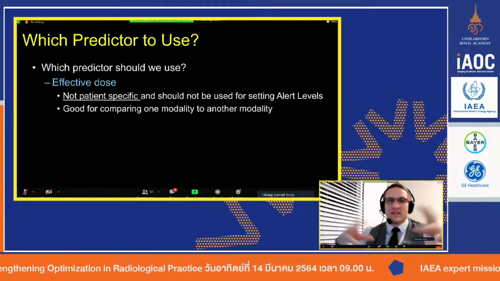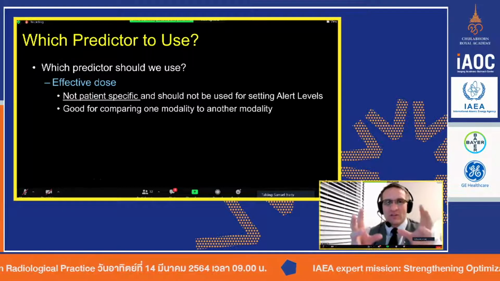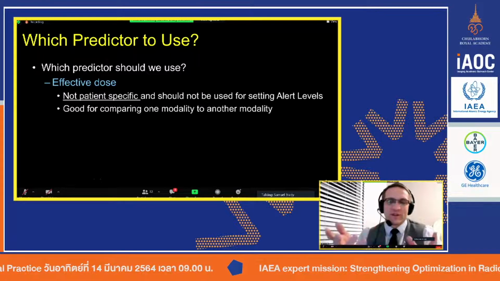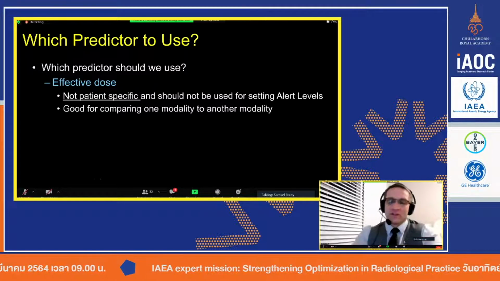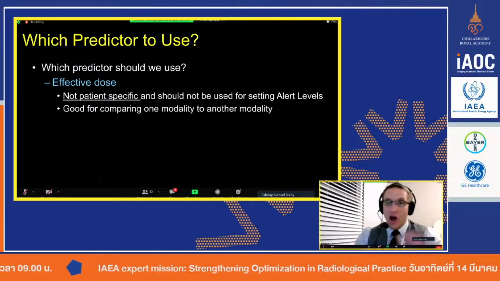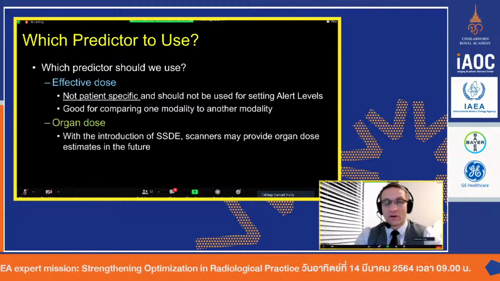All of these metrics, they're so much different. But if you can calculate them all, if you can convert them all to effective dose, then you actually have a way to compare dose output for each modality. So not good for alert levels, but great if you're just trying to do overall comparisons.